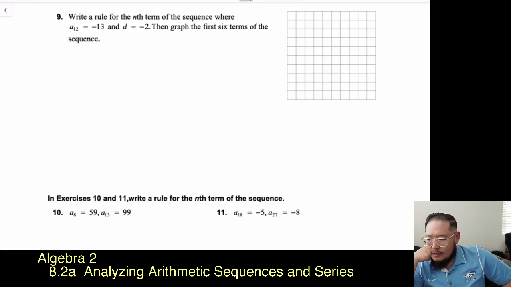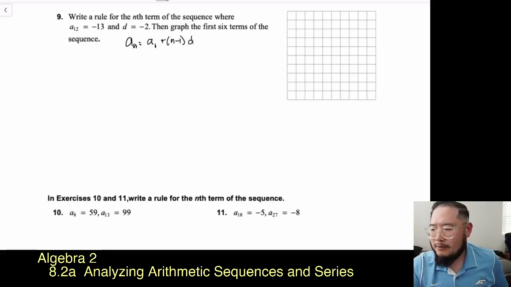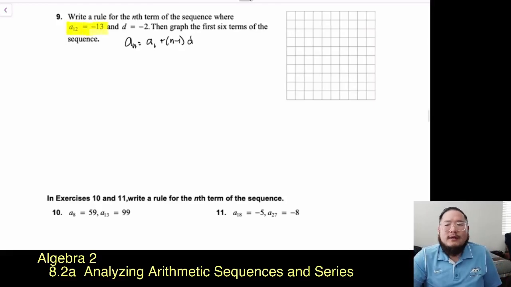In order for me to write the nth term or the rule, remember the equation is a sub n is equal to a1 plus n minus 1 times your common difference. But if you look at the problem, they don't give me the first term. They give me the 12th term right here. So hopefully they gave us enough information to solve for the first term. And they actually did, fortunately.